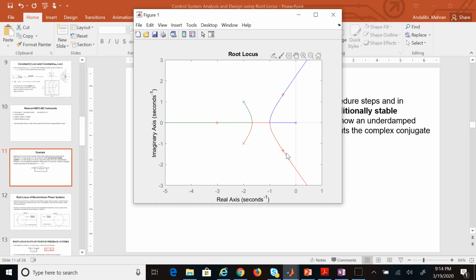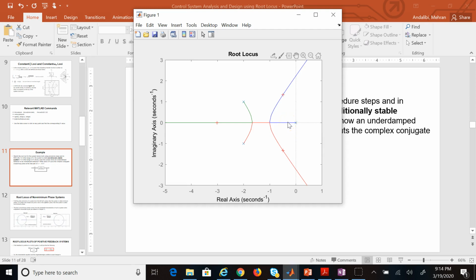Now, the only case that you can have pure overdamped or critically damped behavior is when, as I said, all of the poles are on the real axis, no imaginary part. So for what k value can I get all 3 poles on the real axis? Is such a thing possible?